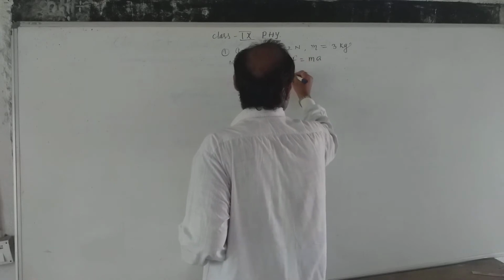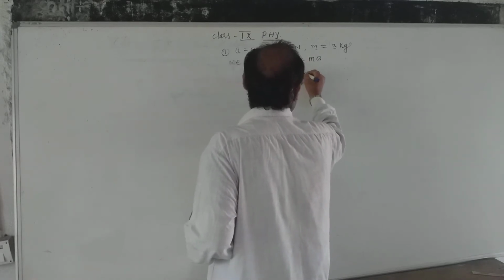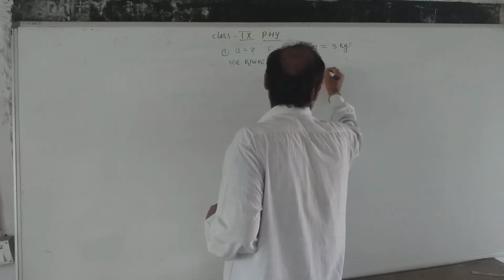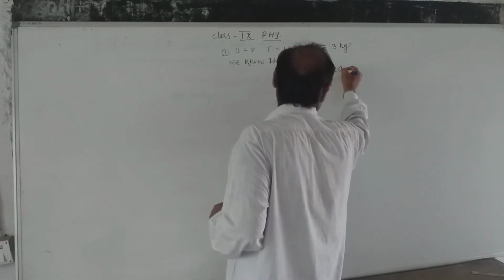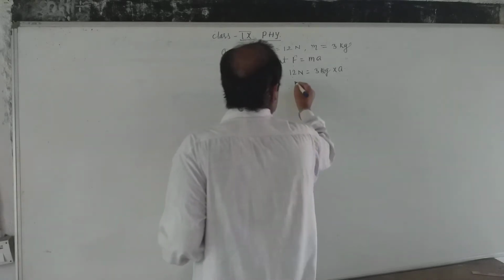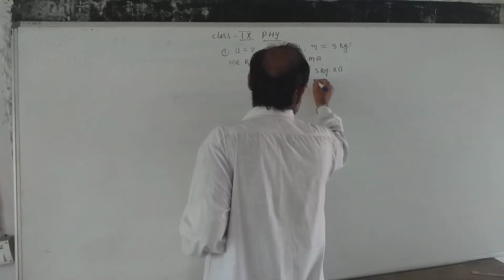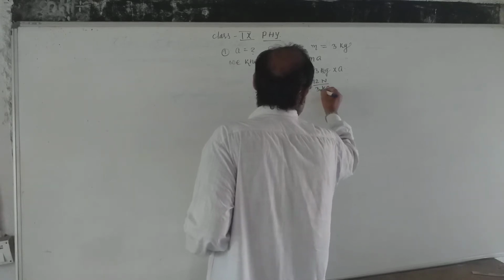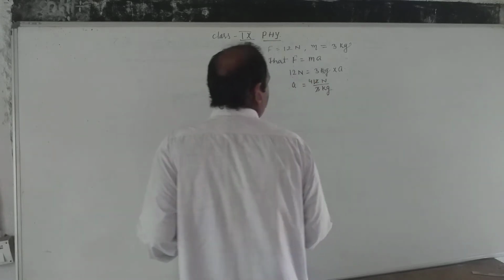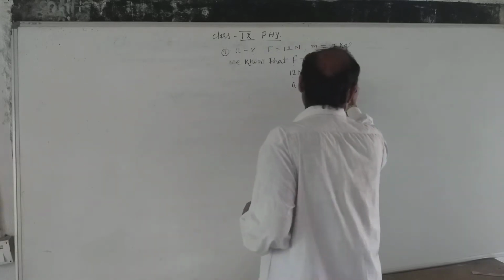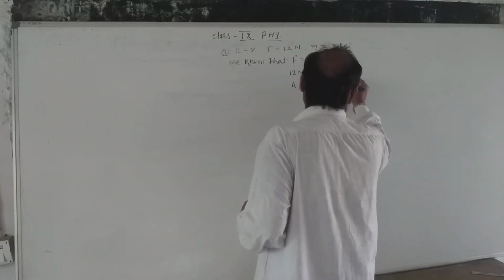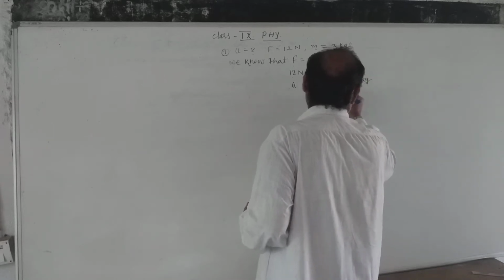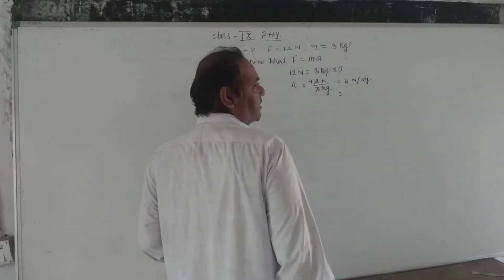F is equal to 12 N is equal to 3 kg into A. After that, A is equal to 12 N upon 3 kg. 4 times, 12 क्या हो गया? कट हो गया. Now this is 4 N per kg. This is not the unit of acceleration.